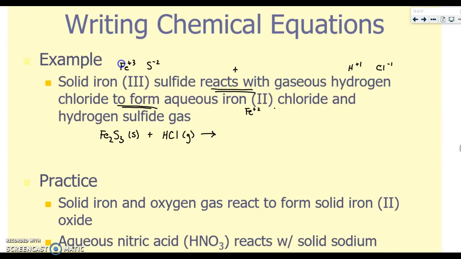Again, Fe +2, Cl -1. And then the state of matter is aqueous. And that's a plus sign. Hydrogen sulfide gas. So over here, H is +1, S is -2. When we cross them, we get H2S, and we label it with a G.